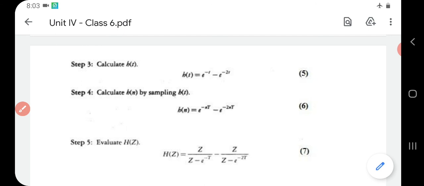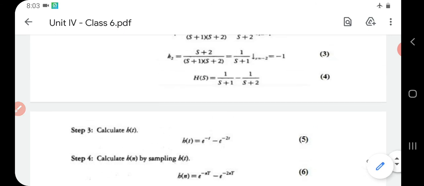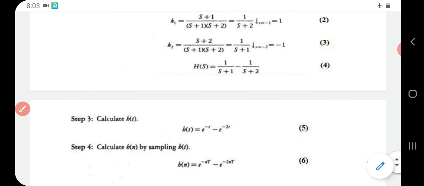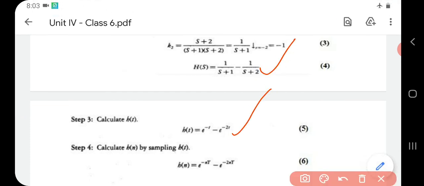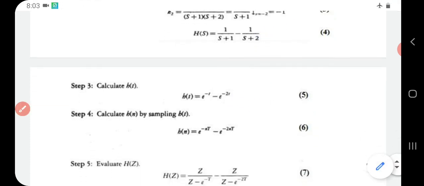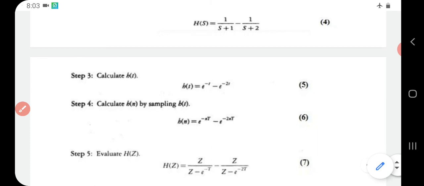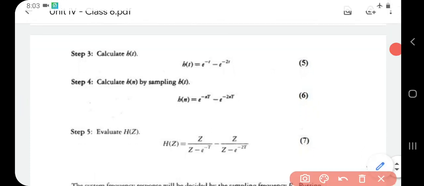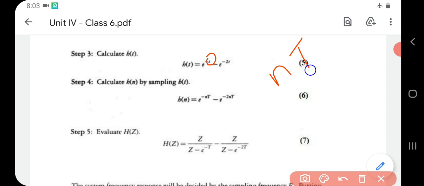So h of t will be e raised to minus t minus, here there is a 2, and that is why we have written e raised to minus 2t. Then we have to calculate h of n by sampling h of t, that is, in place of small t we put n of t. See, it is also written.